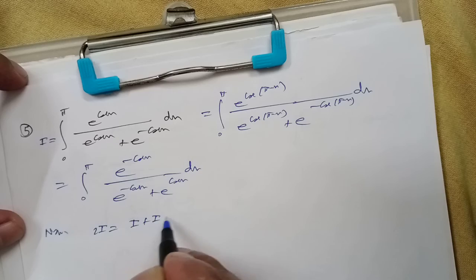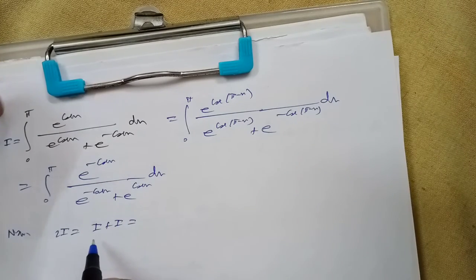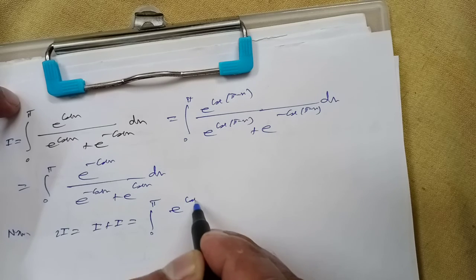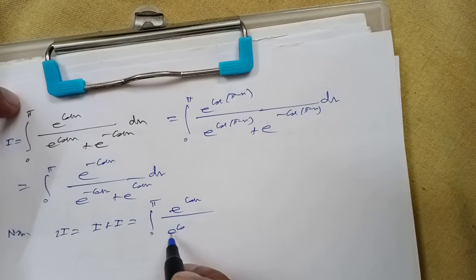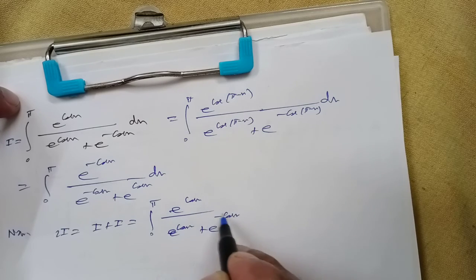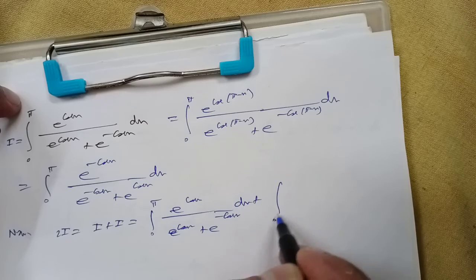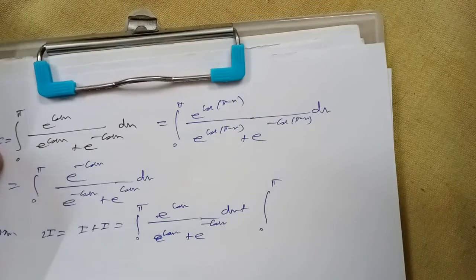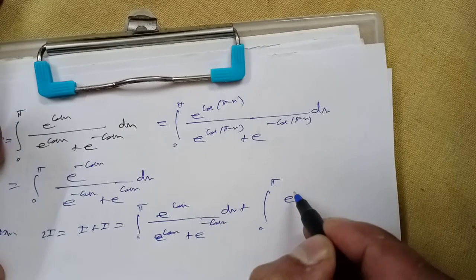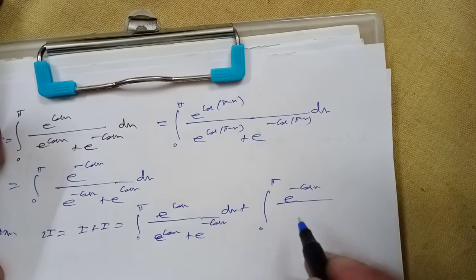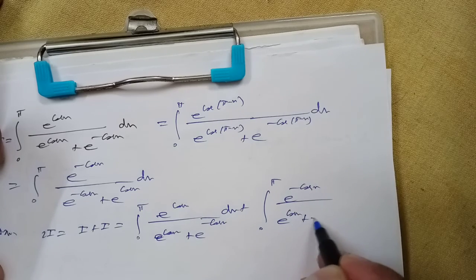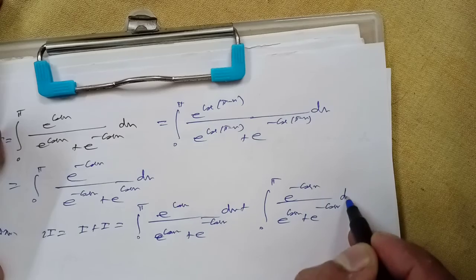Now write 2I as I plus I. In place of the first I, write the given integral, that is integration 0 to pi of e to the power cos x divided by (e to the power cos x plus e to the power minus cos x) dx, plus integration 0 to pi. Instead of the second I, write the derived integral, that is e to the power minus cos x divided by (e to the power cos x plus e to the power minus cos x) dx.